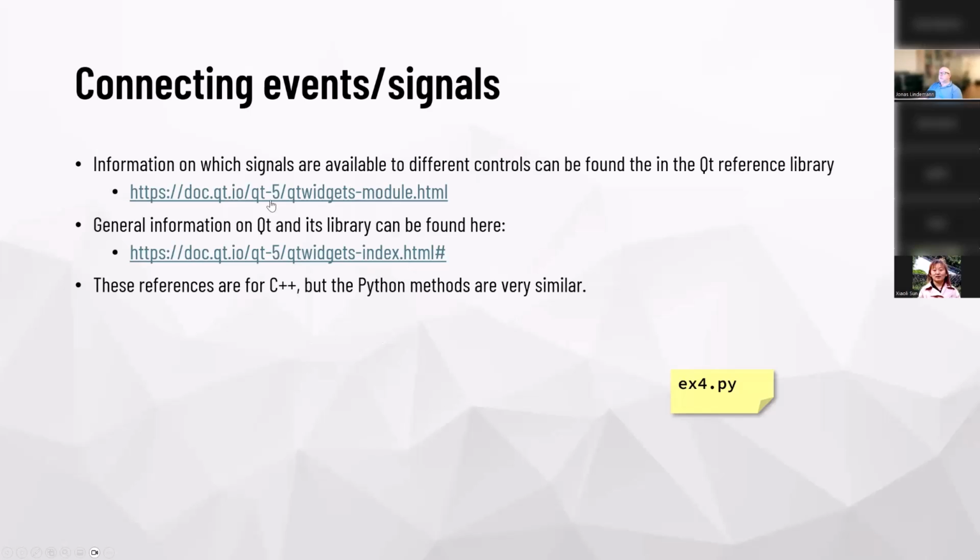And if you want to have more information about what events are available, you can go to the documentation pages of Qt. And every class there has a special section where all the signals are and what they do.